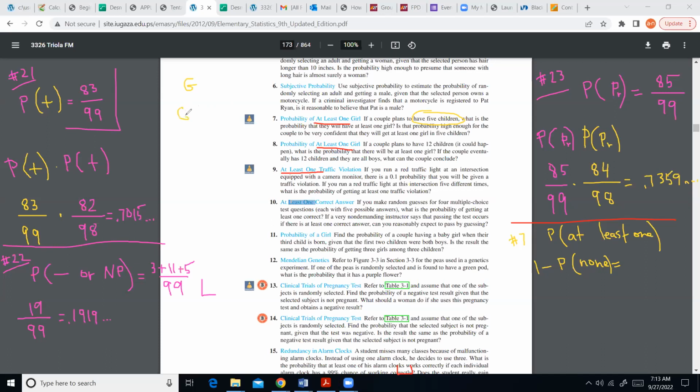Or more, so it could be 2 girls, or 3 girls, or 4 girls, or all 5 girls. You see how many possibilities are covered in a statement that the couple has at least 1 girl. 5 different ones, so we need to consider all of them.